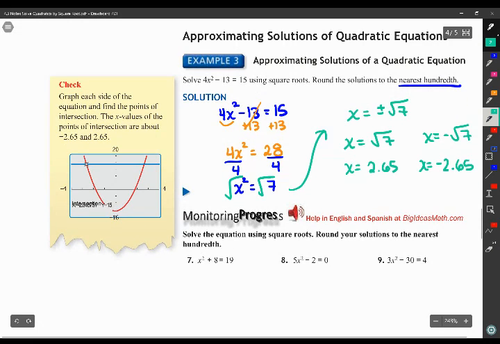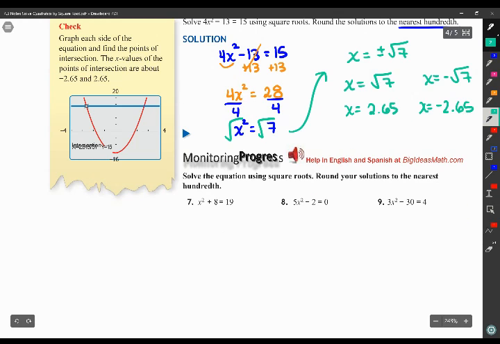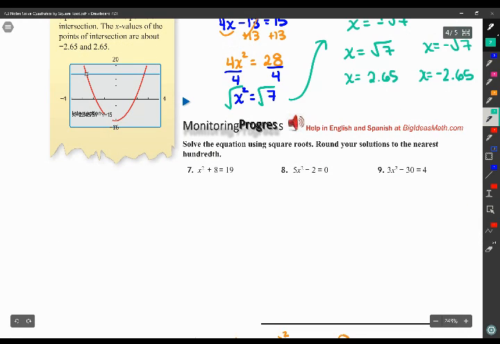For monitoring progress, let's just do one of those really quick. Let's just do number 9. So we're going to add 30 to both sides. So this is going to give me 3x squared is equal to 34. Again, the isolation of the squared term is what we are going for.